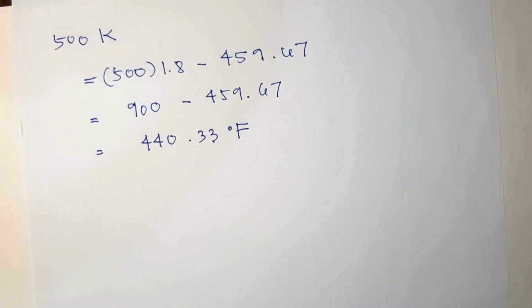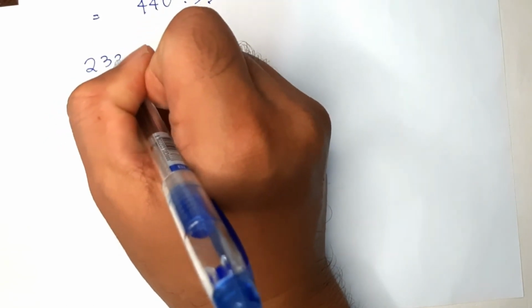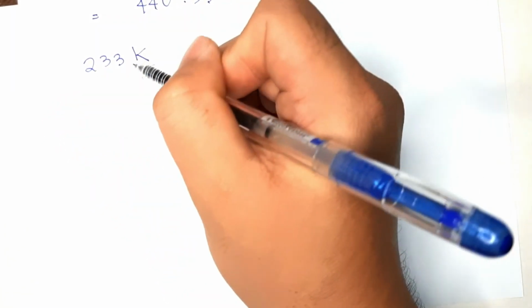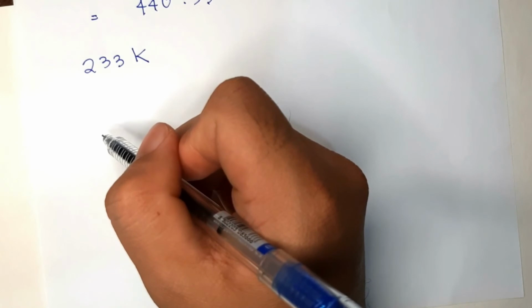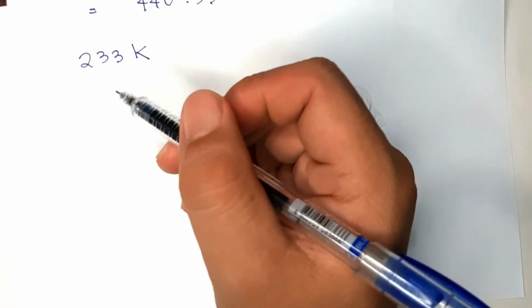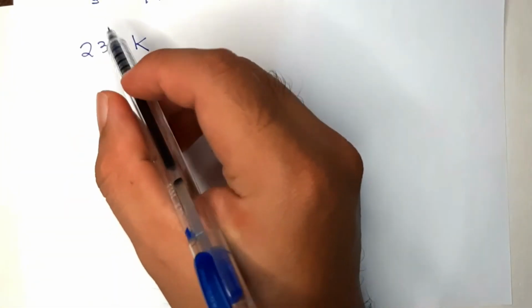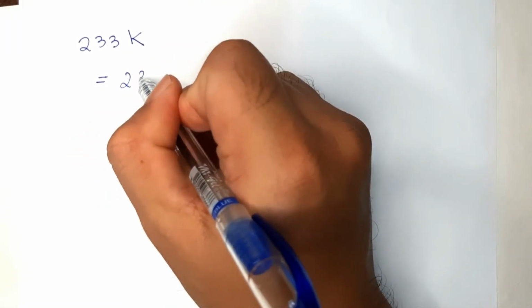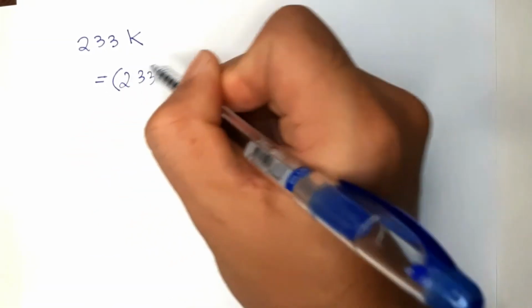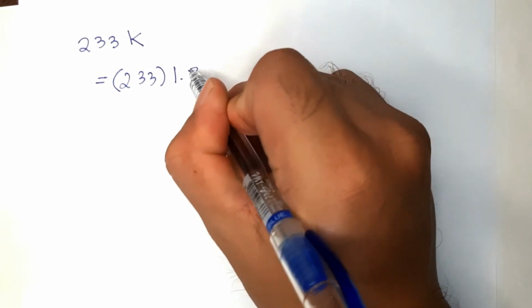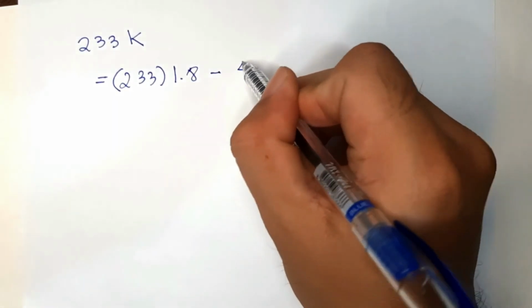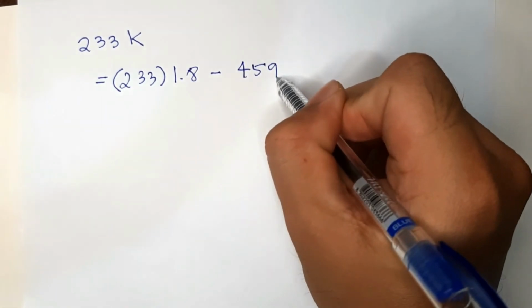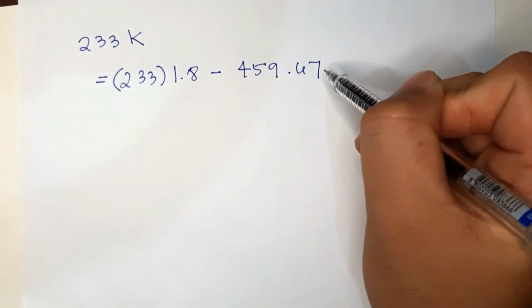So let's go on to our last problem. 233 Kelvin converted into degree Fahrenheit. Again, we use the formula and plug in 233 to the formula. So 233 times 1.8 minus 459.67.